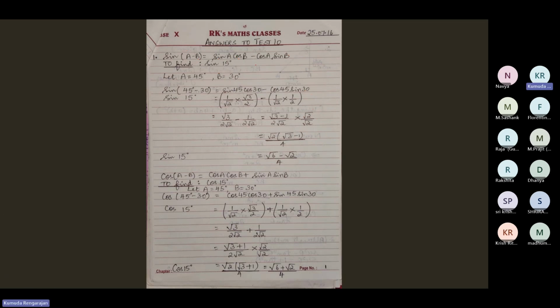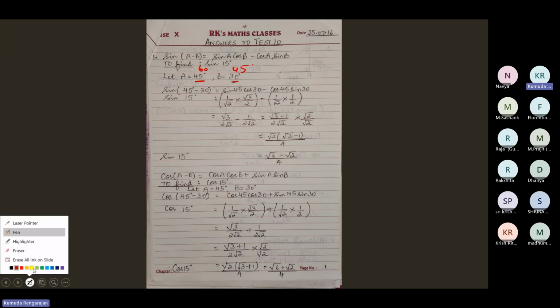So you can take A as 60 degrees and B as 45 degrees, or you can take A 45 degrees, B 30 degrees, because the difference is 15. Why difference? Because the formula is sine of A minus B. So let A be 45 degrees, B 30 degrees. You can also take 60 and 45. You will get the same result.